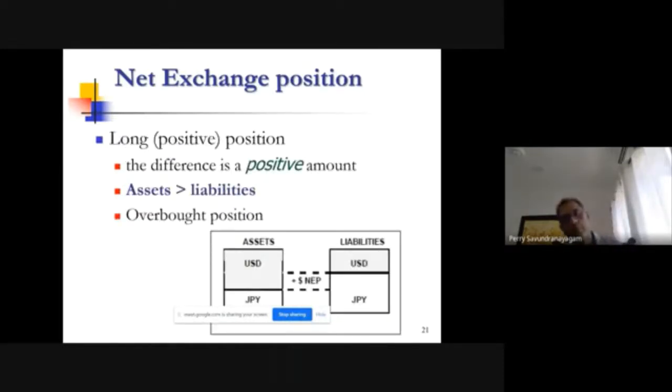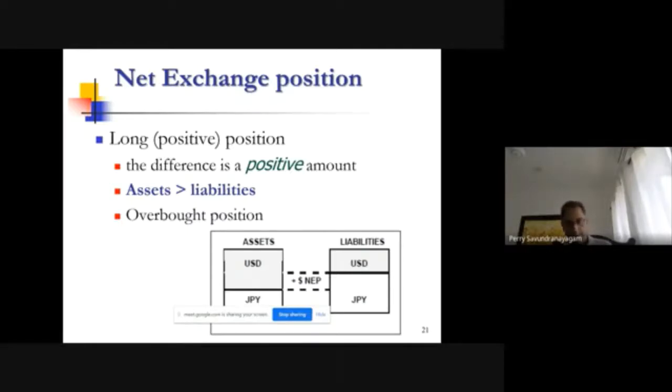If you have an exchange in this question, it's a yen example that is given, dollar yen example. If you have excess dollars over yen, you have a positive amount in US dollars, i.e. your US dollar assets are greater than your liabilities. So then you have an overbought dollar position against yen.